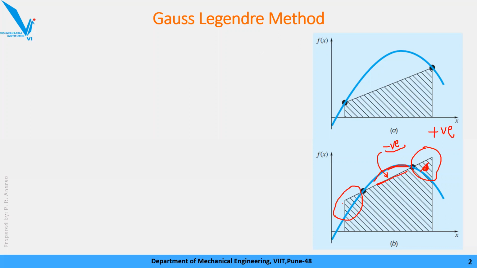Also here you will find another positive error. So what if we try to create a line such that this negative error and positive error balance each other, so that the net effect will be equal? Means what? Actually we are covering the complete area, going a little beyond and adding a little extra, and reducing a little, so we are balancing such that this error is a little less compared to the first one using the trapezoidal rule.